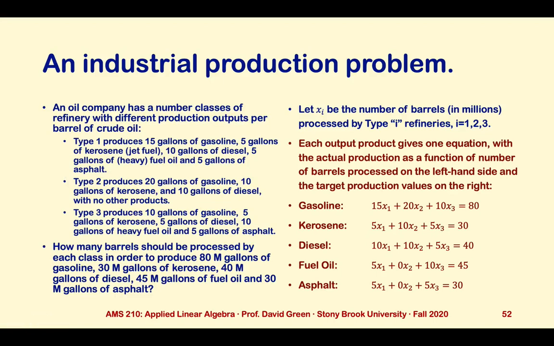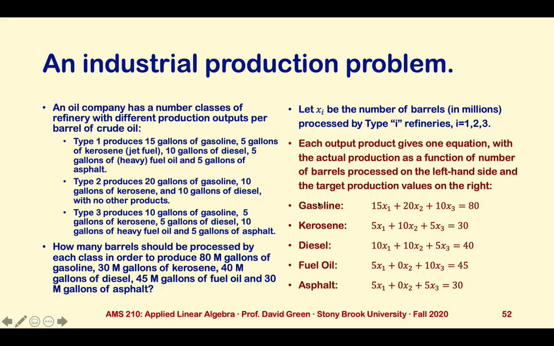Each one of those outputs can be used to give one equation, where each equation gives the total amount produced as a function of the number of barrels processed by each type of refinery. On the left-hand side, we will put the actual production, and on the right-hand side, we'll put the target production value. So what would this look like?